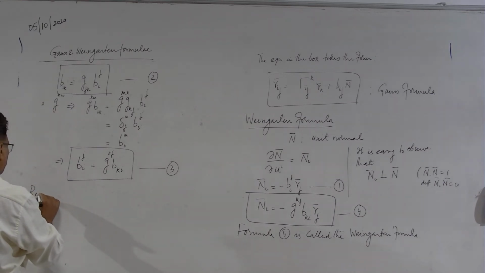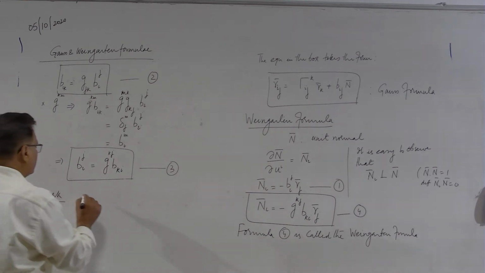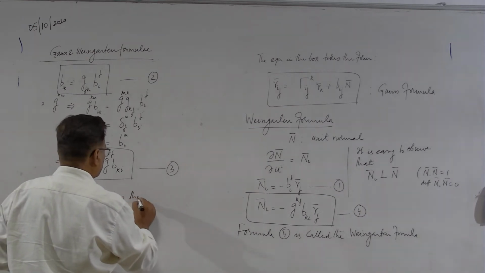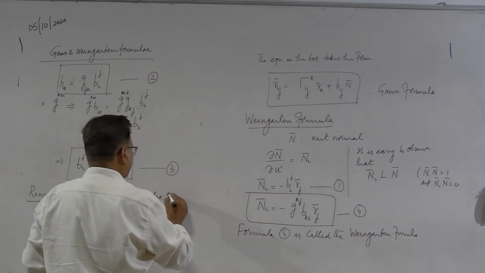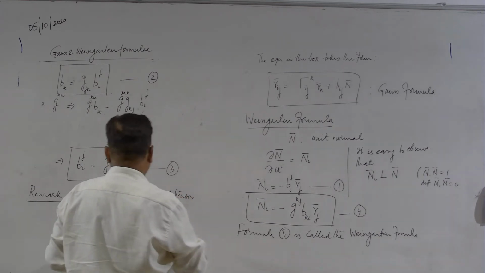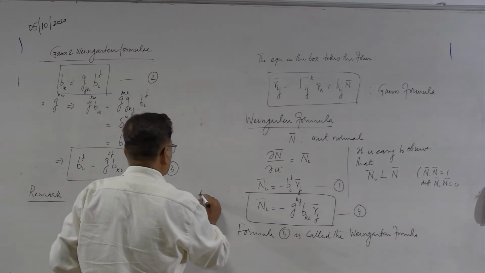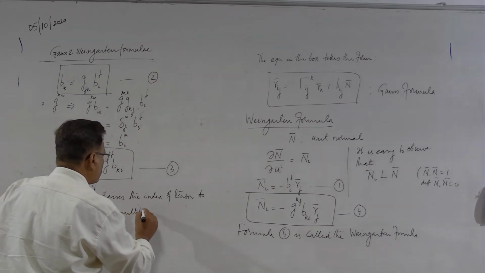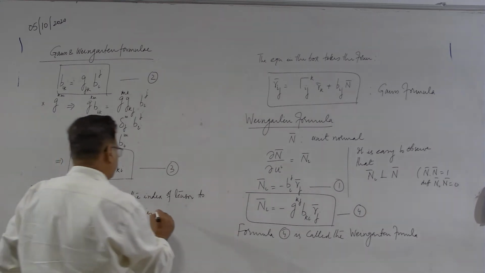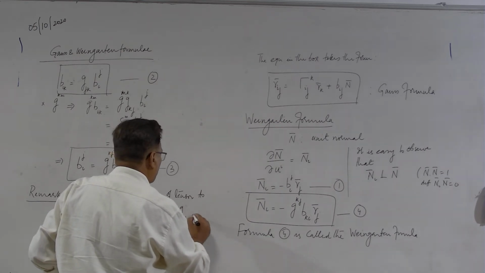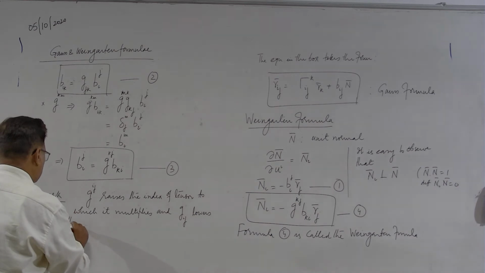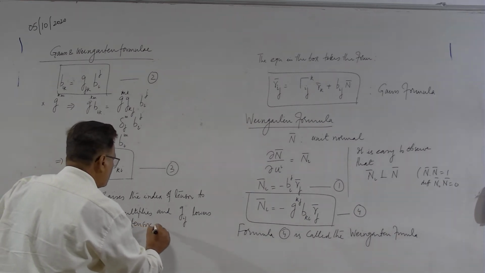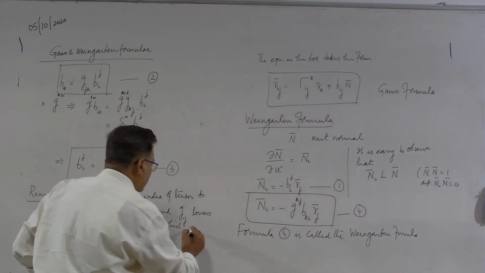You can note it down here as a remark. G upper I j as a tensor quantity raises the index of a tensor to which it multiplies, and G lower I j lowers the index of the tensor to which it multiplies.